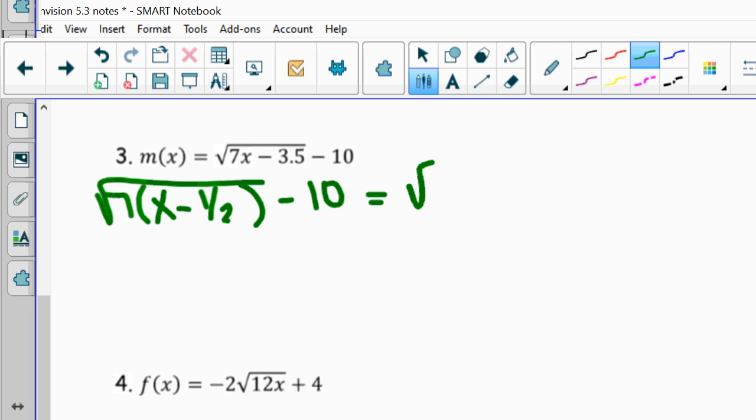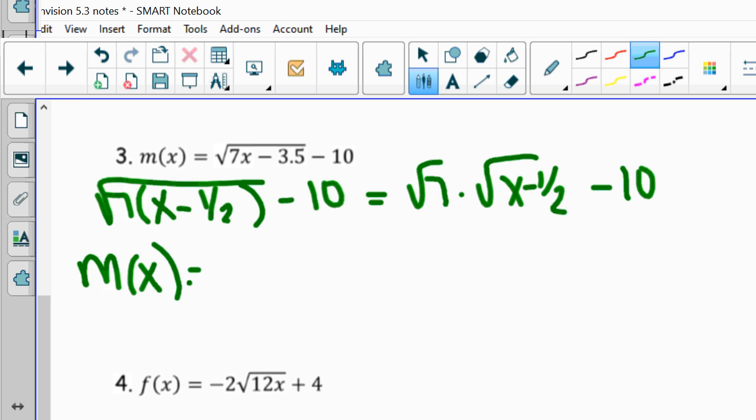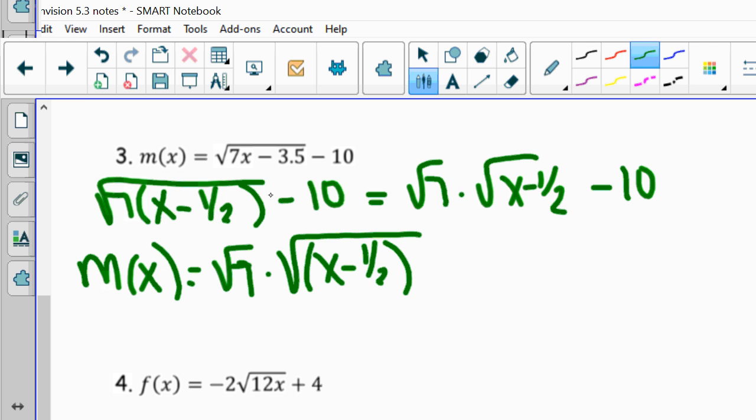So this is really the square root of 7 times the square root of x minus 1/2, all of that minus 10. So my function m of x equals the square root of 7 times the square root of x minus 1/2, all of that minus 10.